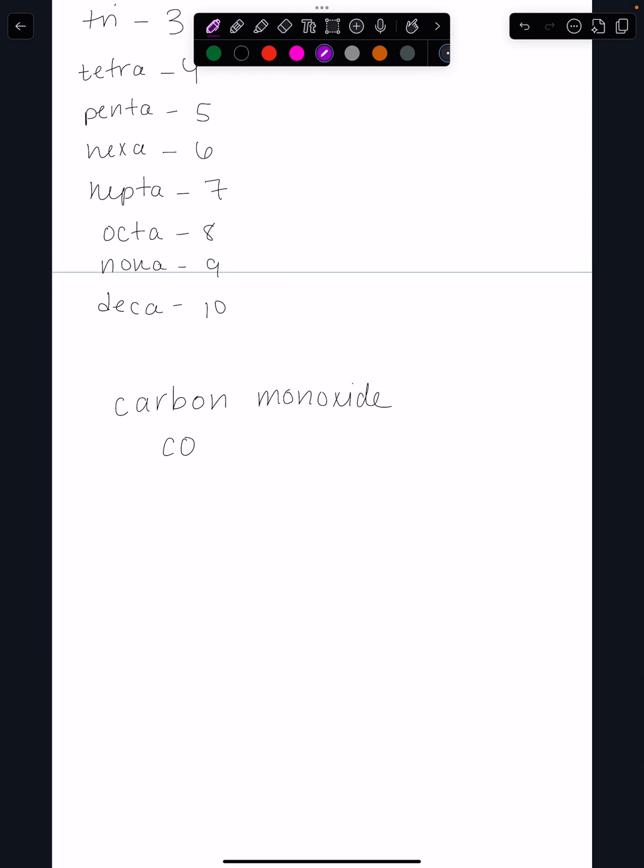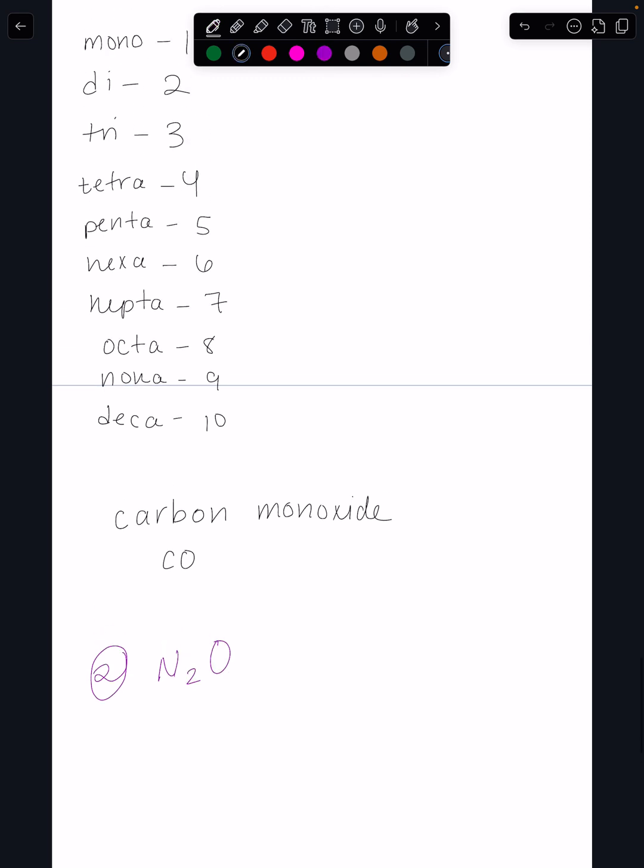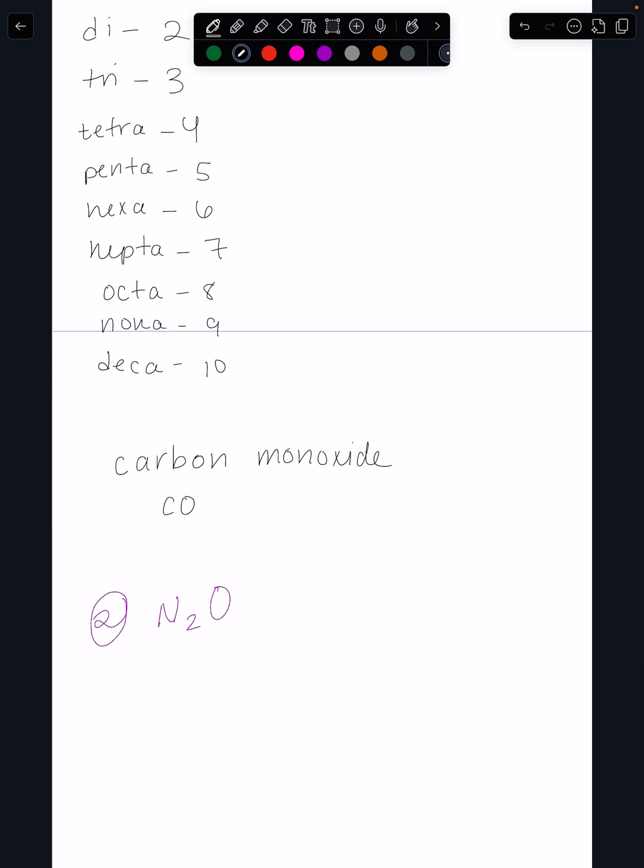So for your second question, name this compound using the rules that you just learned. And I'd like for you guys to be able to do both. Given a name, give me the formula.